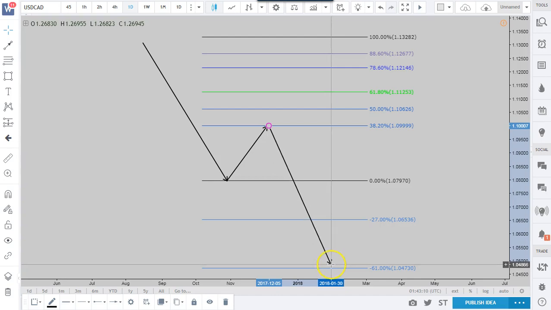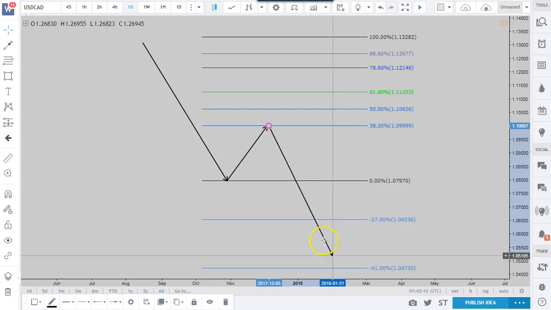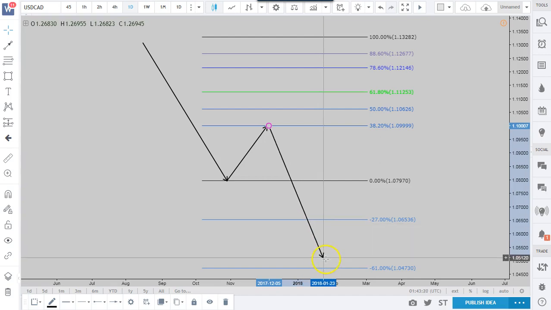But it's not good to be greedy, so you can take your first profit. You can close some of your positions and allow some to reach the second target, which is the minus 61% extension level. So that's how.